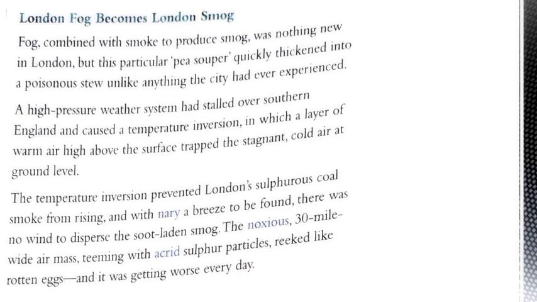So when the temperature changed, it blocked the London sulphurous smoke. The gas the factories and vehicles were releasing, and the coal smoke, was also blocked. And what is the meaning of nary? Not even a breeze, that means wind also did not come.